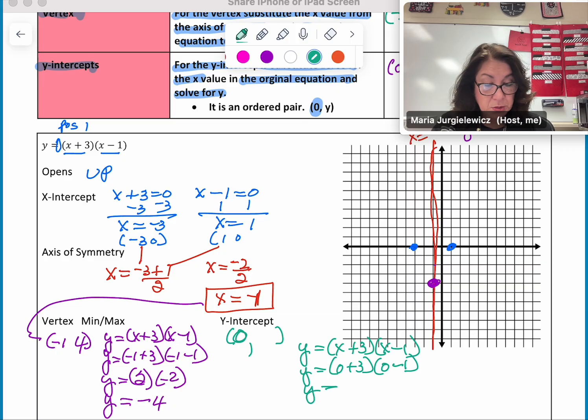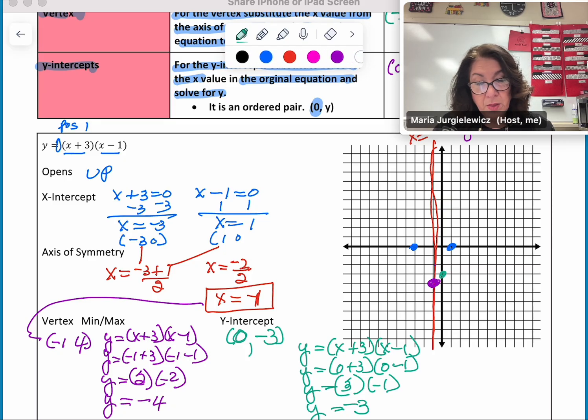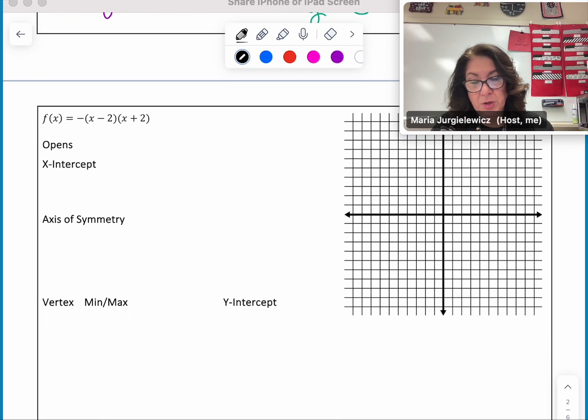So 0 plus 3 is 3. 0 minus 1 is a negative 1. And 3 times a negative 1 is a negative 3. So it's going to cross at 0, negative 3. And now I know that my parabola is going to go this way and shoot up there like that. Okay, let's try another one.